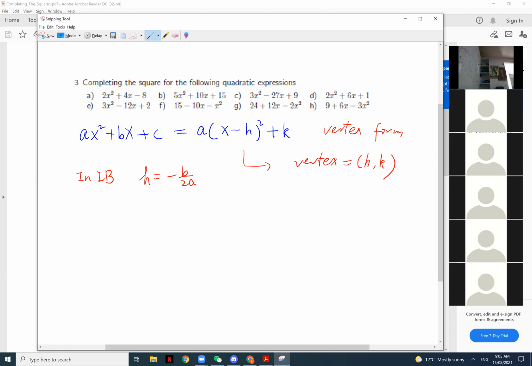In IB, they give you h and k, h first. Let's check the IB method. h is given for question A, 2x squared plus 4x minus 8. How do we calculate h?